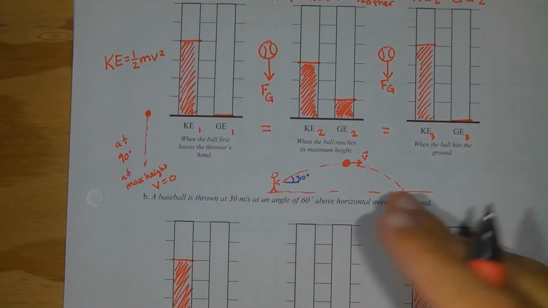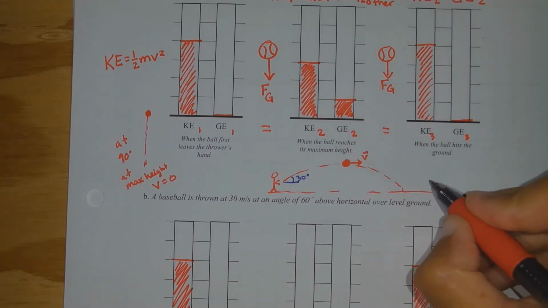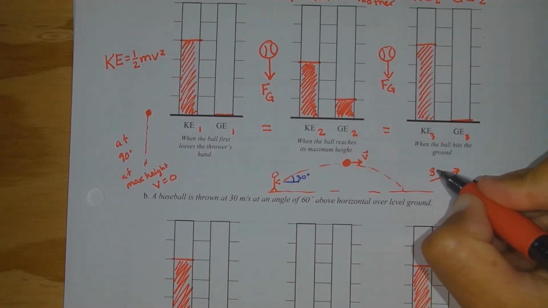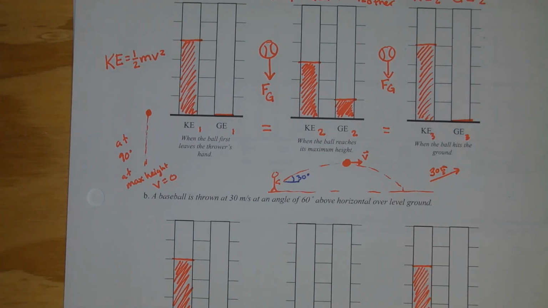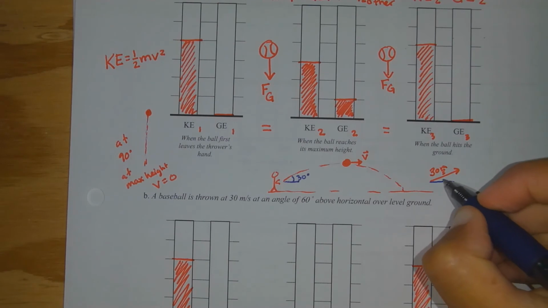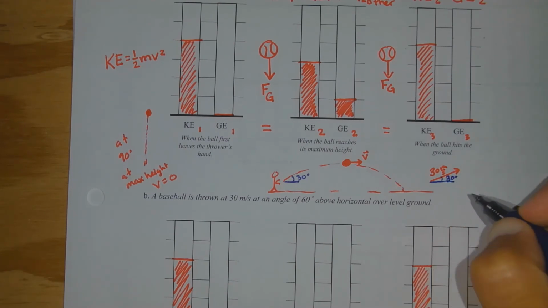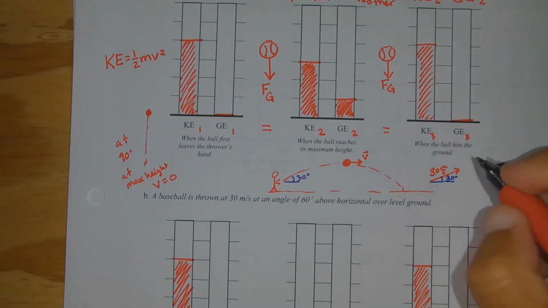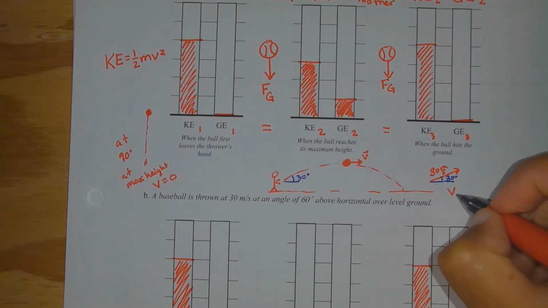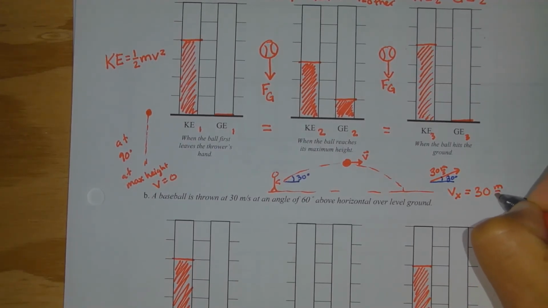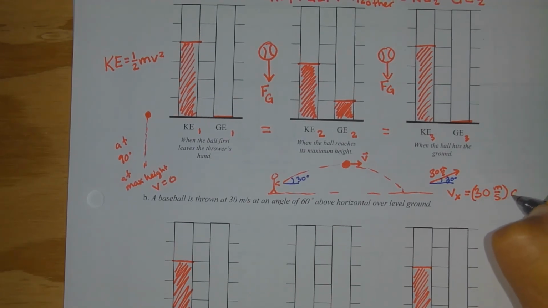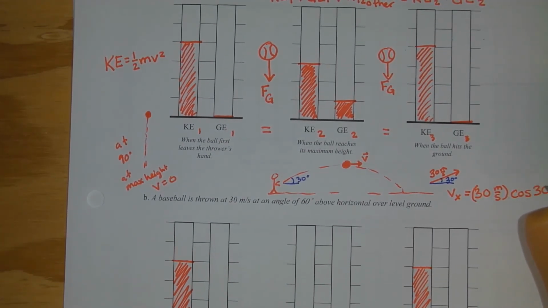I can take the initial velocity, which is 30 meters per second, and break it down into components using the angle, so that would be 30 degrees. So for part A, the velocity in the x direction is 30 meters per second times cosine of 30 degrees.